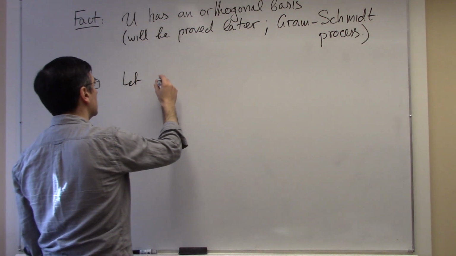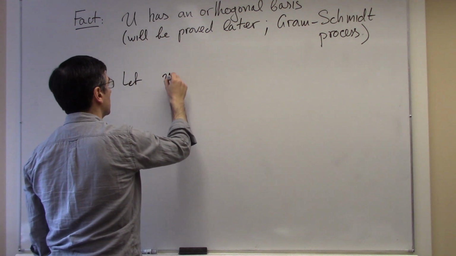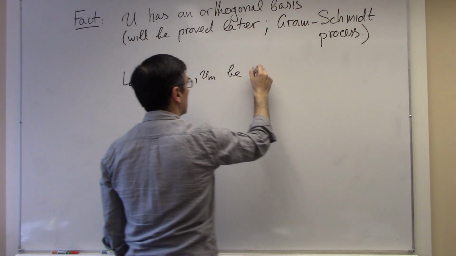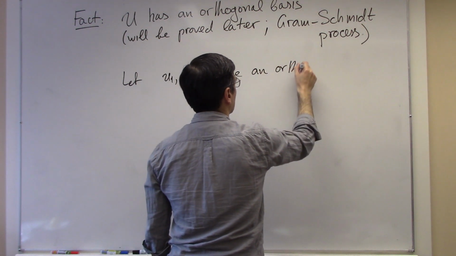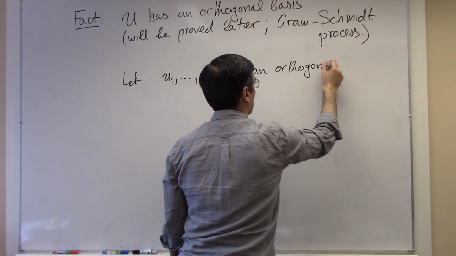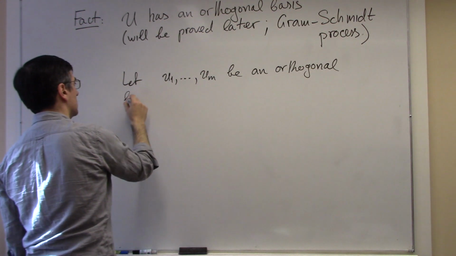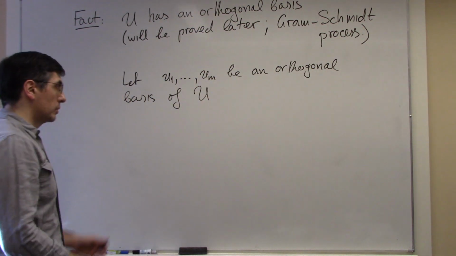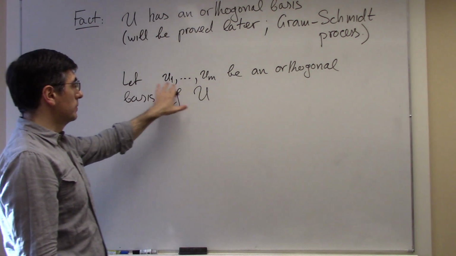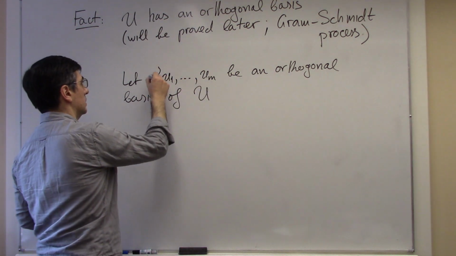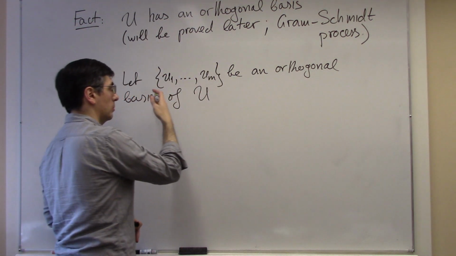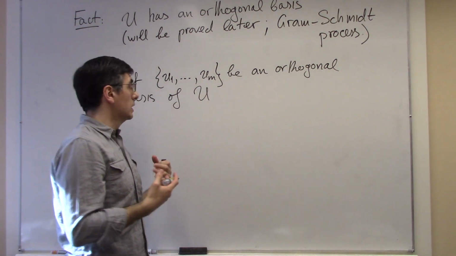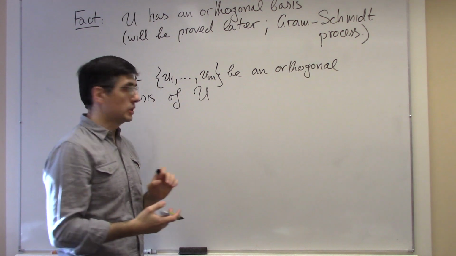Let u1, ..., um be an orthogonal basis of U. And remember what this means. This means that this set of vectors forms a basis of U, and they are orthogonal to each other.